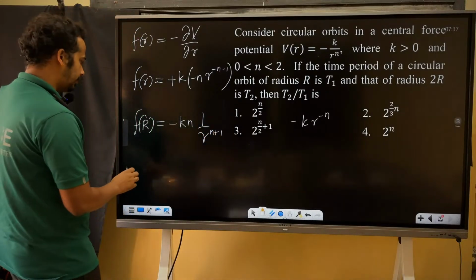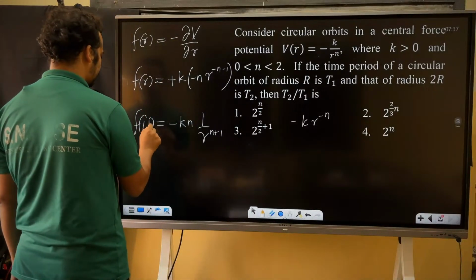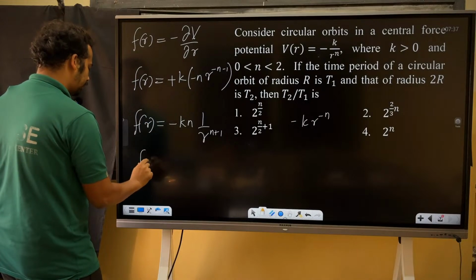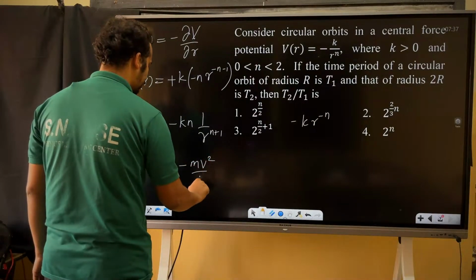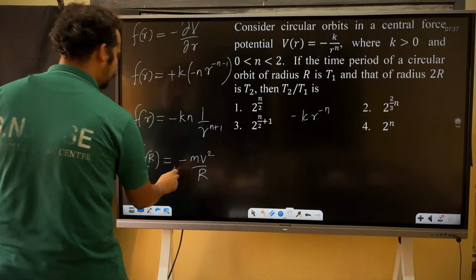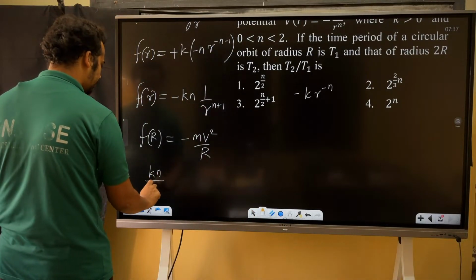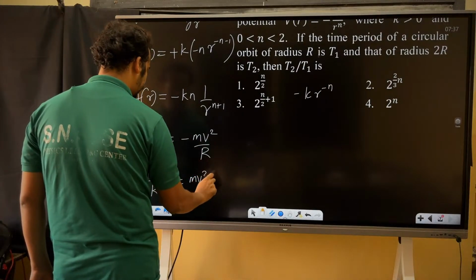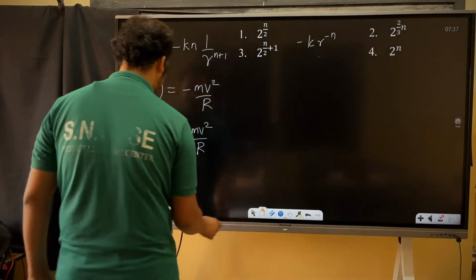Fine. So now f of capital R for a circular orbit, minus m v square by capital R, is equal to kn divided by r power n plus 1, which is equal to m v square divided by r. You can see here one of the r you can cancel out.